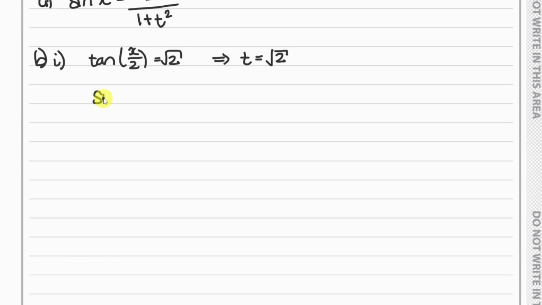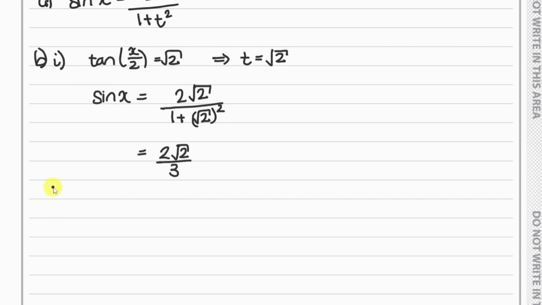So therefore, using our answer from part A, sine x is 2 lots of t, so 2 lots of root 2, all over 1 plus t, or in this case root 2, squared. That tidies up to 2 root 2 over 3. That's our exact answer because we've got our surd there. We've not done any rounding throughout.